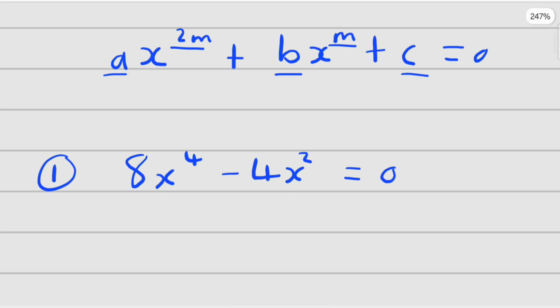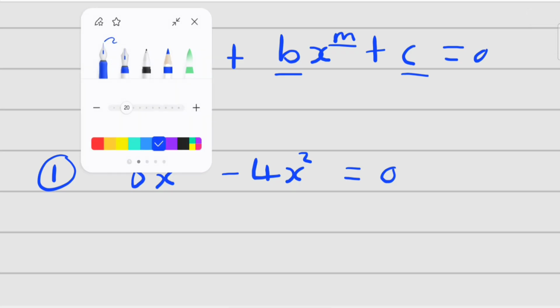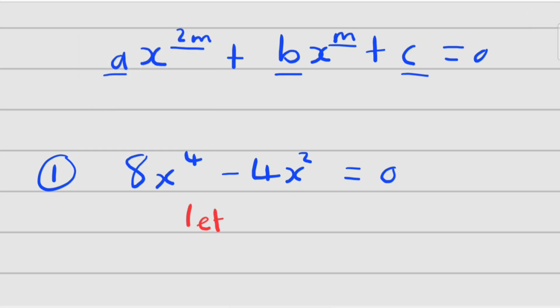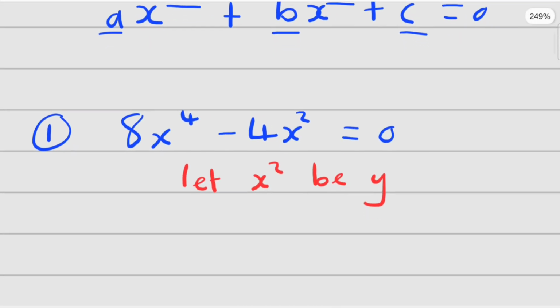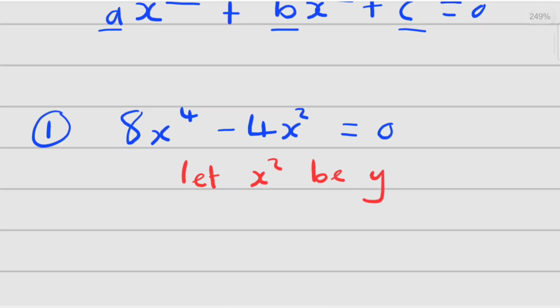So we can say, for example, let our x squared be y, right? And by saying this will become 8y squared minus 4y equals 0, right?